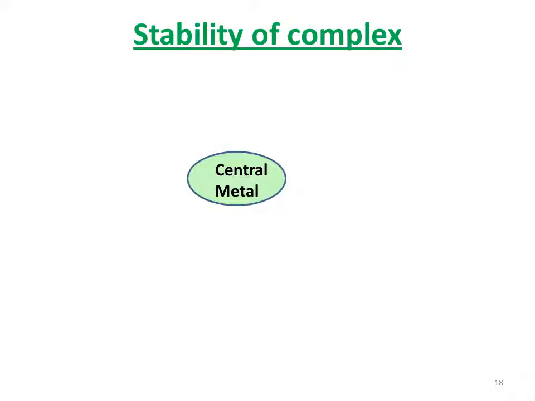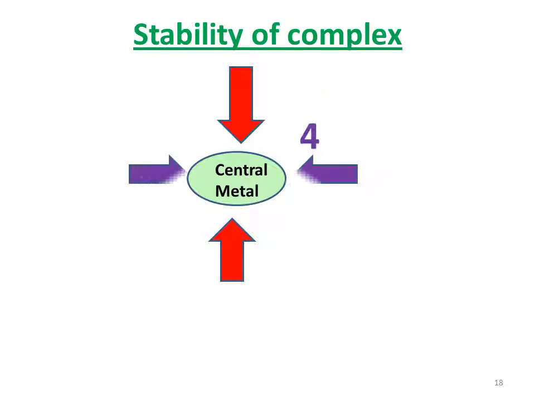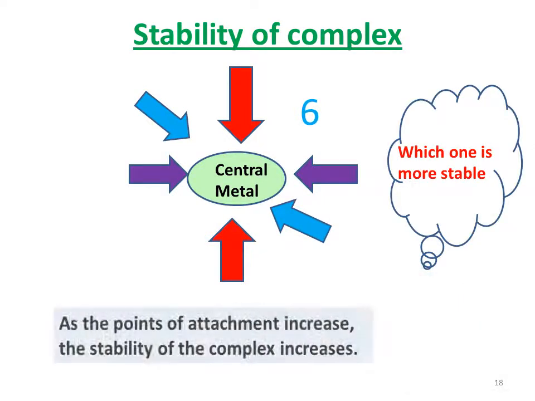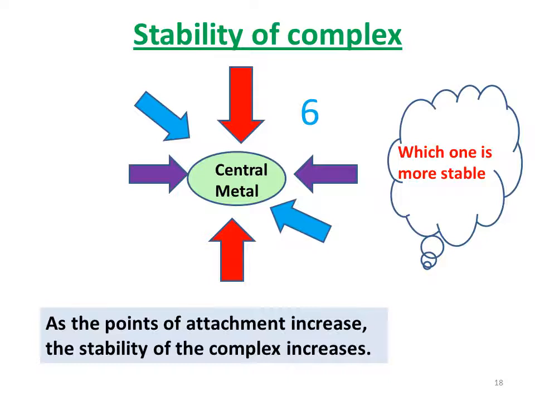Another topic is the stability of the complex. Which do you feel or see will be more stable? A central metal ion attached to 2 ligands, or 4 ligands, or 6 ligands? Well, eventually, as the points of attachment increase, the stability of the complex also increases.